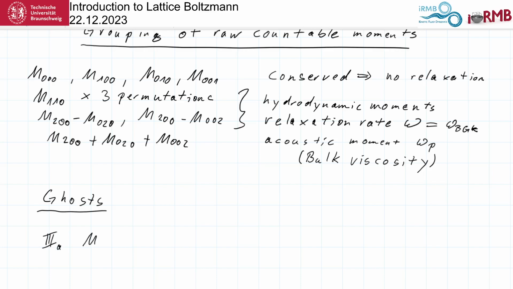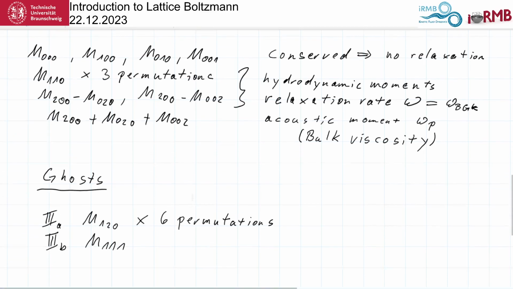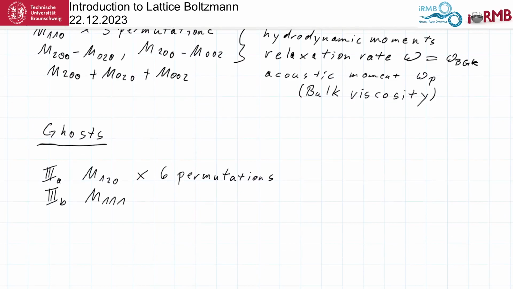This comes with M120, and this guy has 6 permutations. Then we have a group 3B. This is M111. This comes only with 1 permutation. Now we come to the fourth order moments.